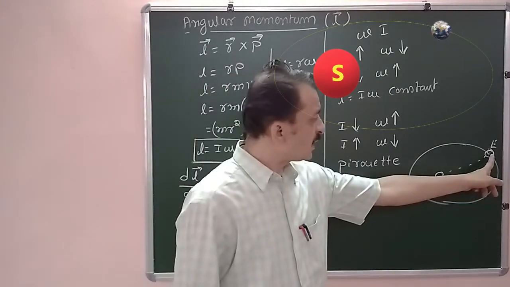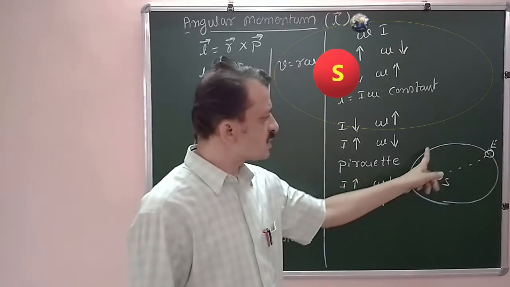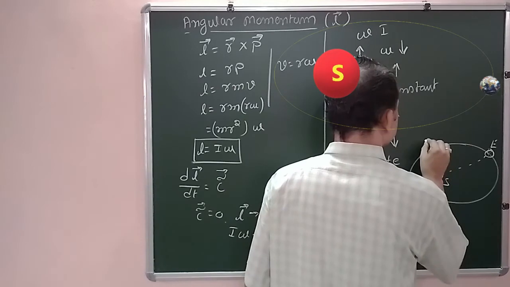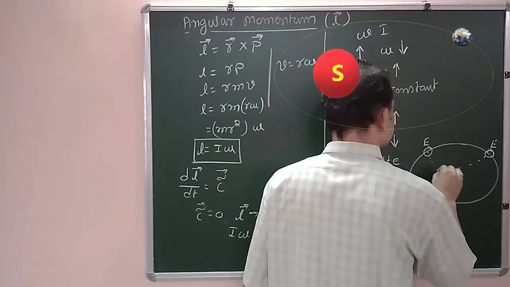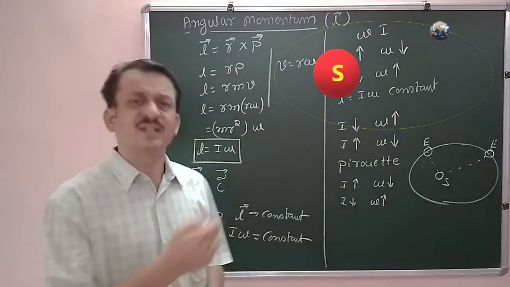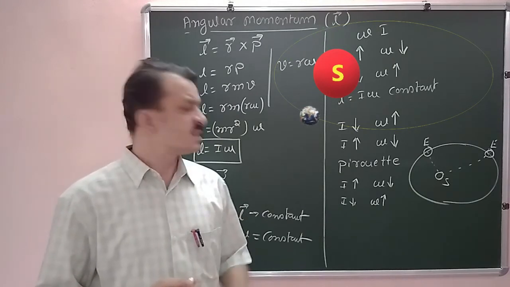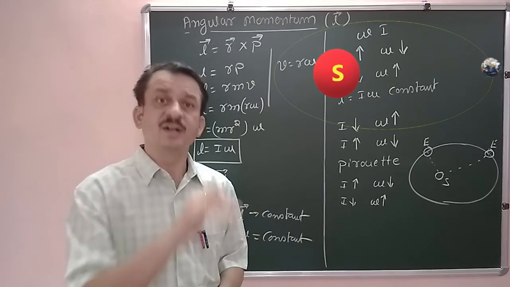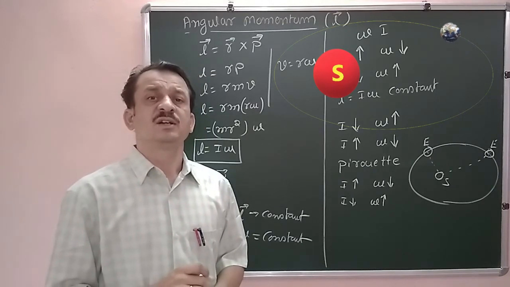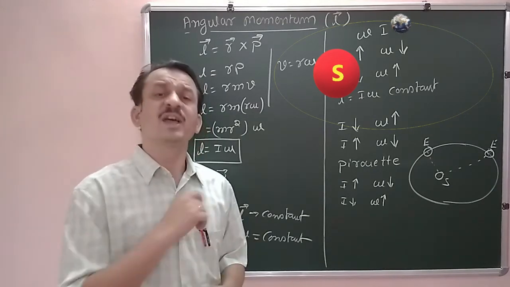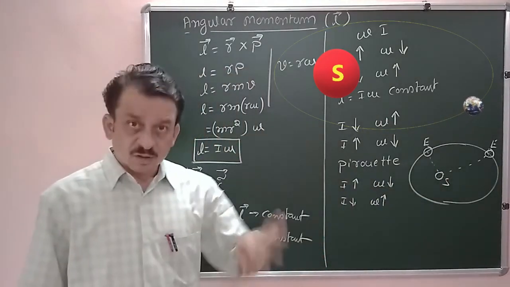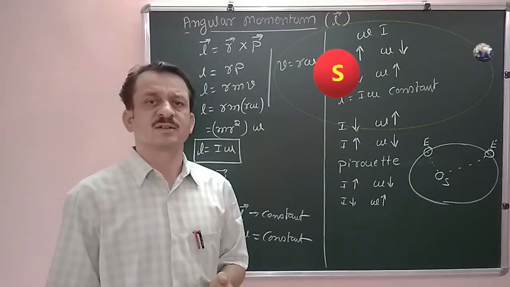As and when the planet Earth approaches towards the sun, its distance decreases. Since the distance decreases, its moment of inertia, m r square, decreases. In order to conserve the angular momentum, the speed of the Earth increases.